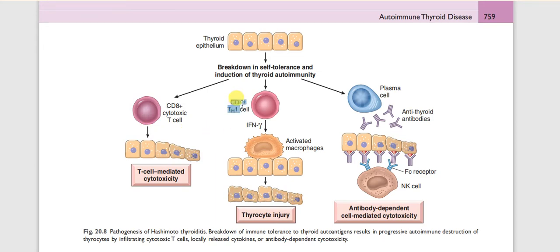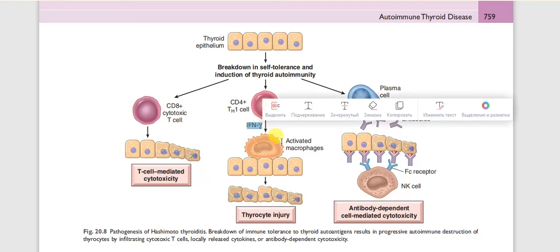CD4 positive cells, or T helper 1 cells, don't act individually, but they produce interferon gamma, which classically activates macrophages, and activated macrophages in this area also cause injury to thyrocytes.